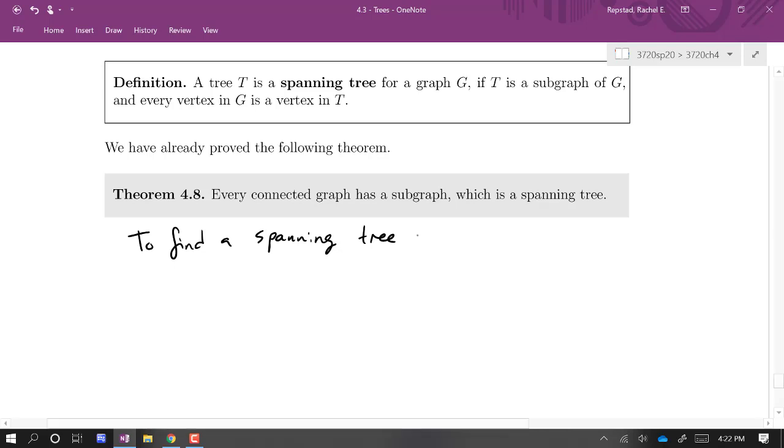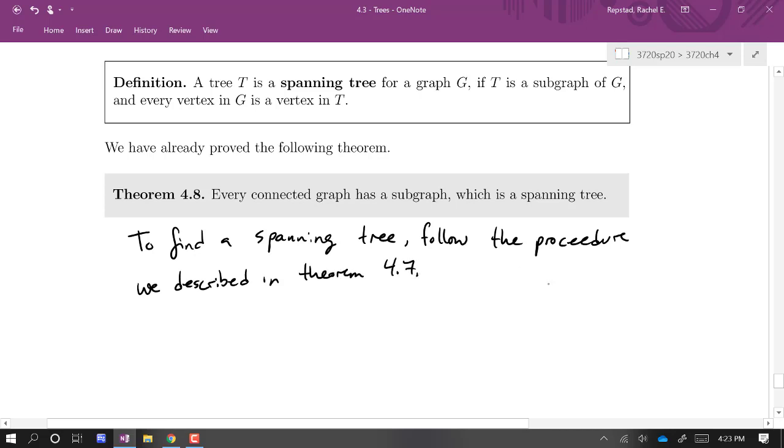But to find a spanning tree, just follow the procedure in theorem 4.7. That graph G prime that we talked about in that theorem, at the end of that procedure, is a spanning tree. A graph can have more than one.